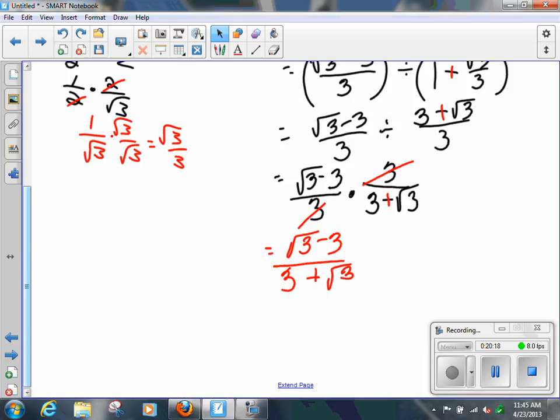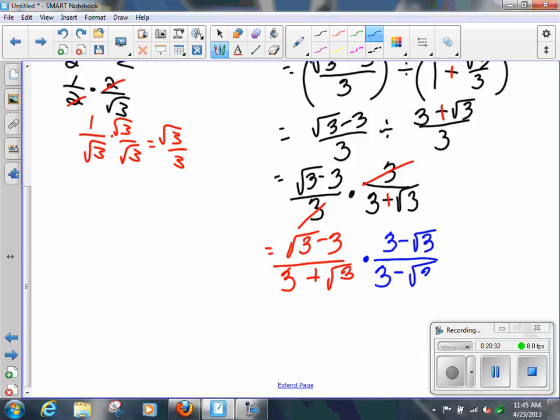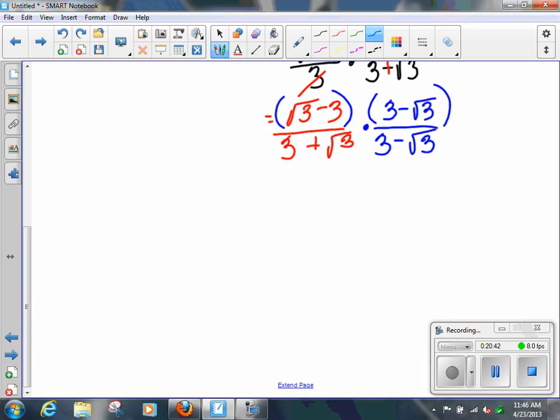I'm going to multiply by the conjugate. So we're going to multiply by the conjugate, because I have a radical in the denominator that is part of a binomial. We're going to FOIL on the top. And folks, you better pay attention, okay? First, root 3 times 3 is 3 root 3.